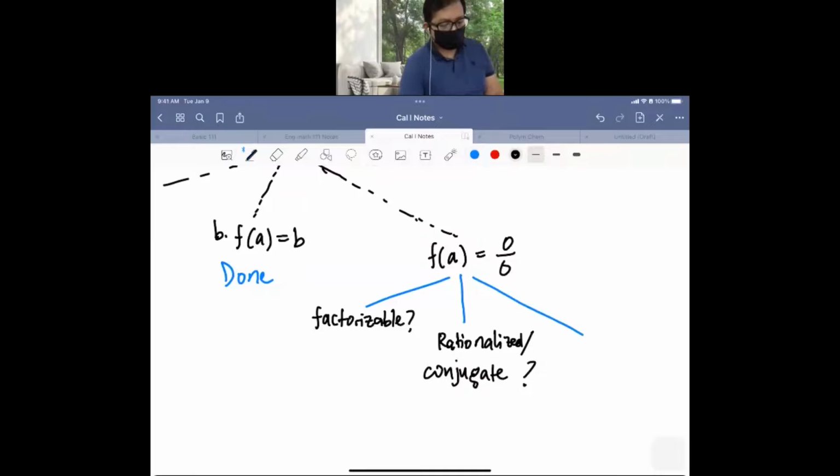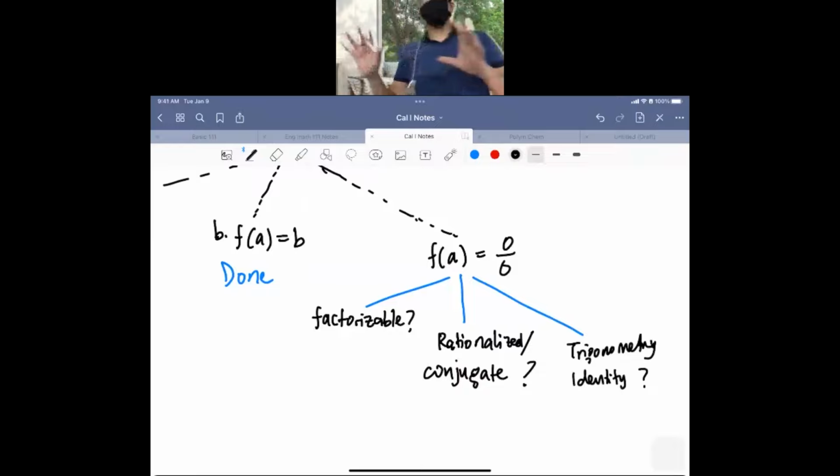The third one, is it trigonometry? Can we use a trigonometry identity? Mostly, in our section here, these three will be the most frequently applied.